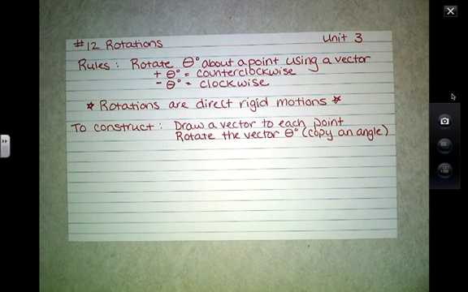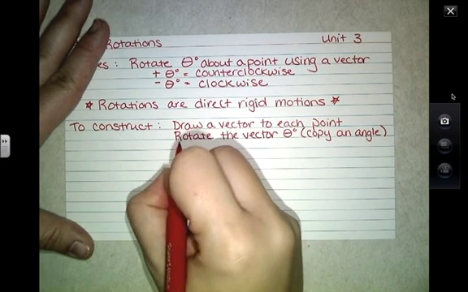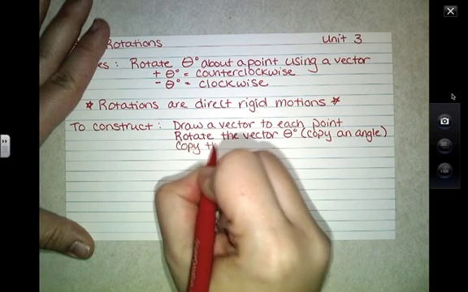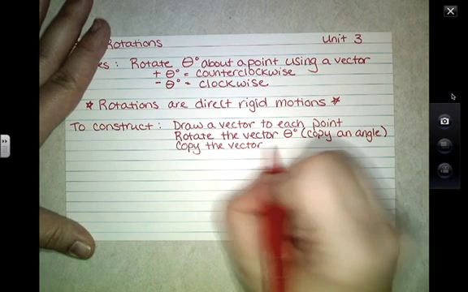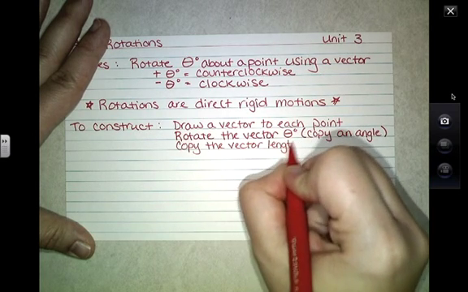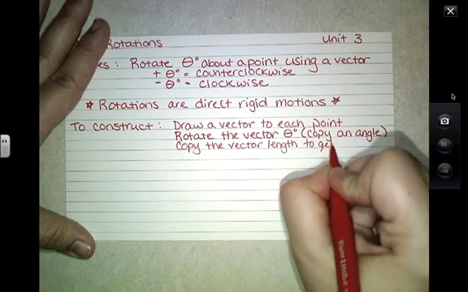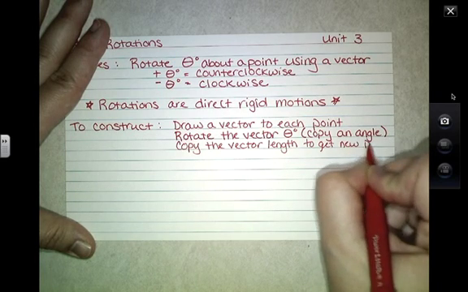So you're going to have to copy the vector length onto the new line that you drew. So that's your final step. Copy the vector length. And this is just that copy a segment, the very first construction that you learned. So copy the vector length to get the new point.